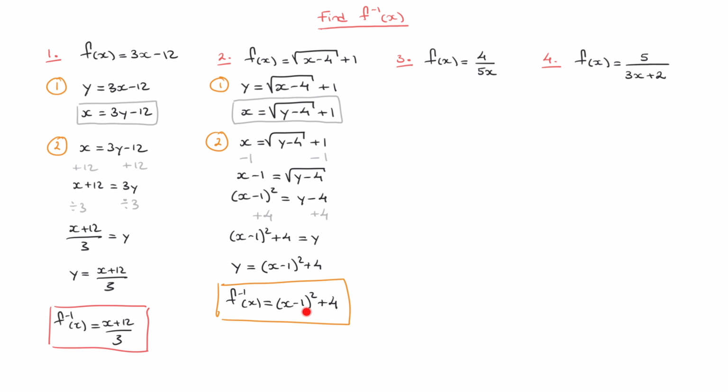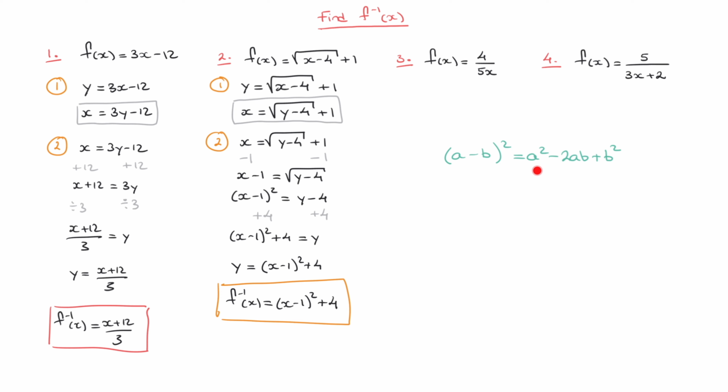Now, of course, we could also expand this pair of parentheses here, for which we'd use our perfect squares formula. And if you're not sure of what I mean there, let me remind you that if you have a minus b squared, that's equal to a squared minus 2 times ab plus b squared.